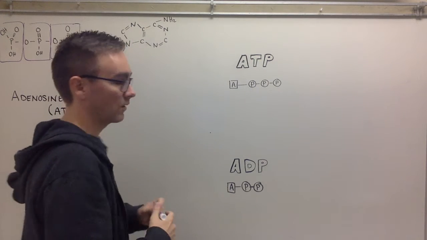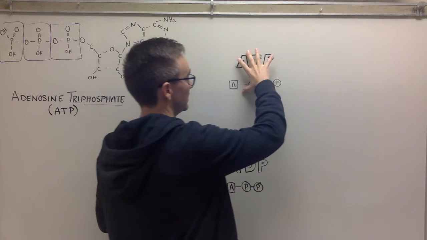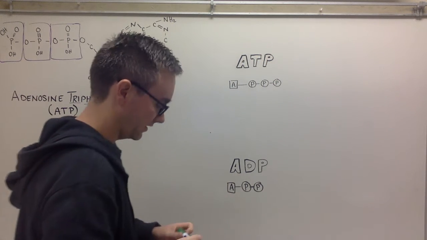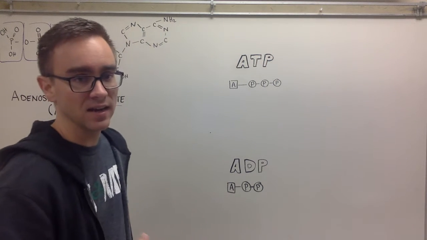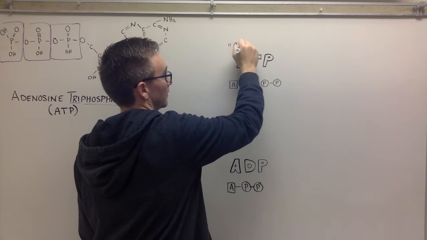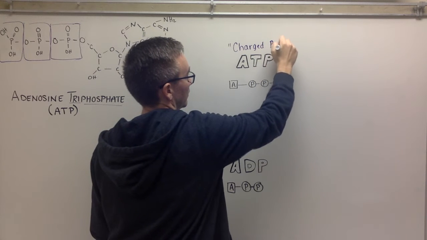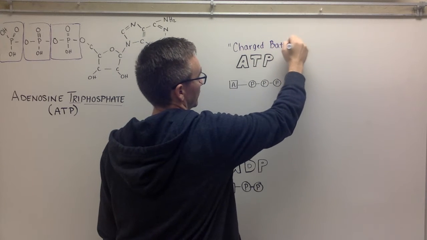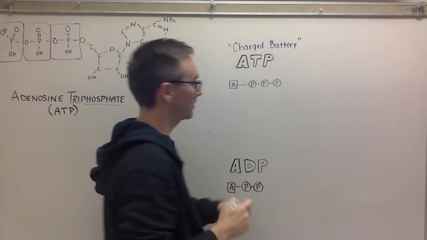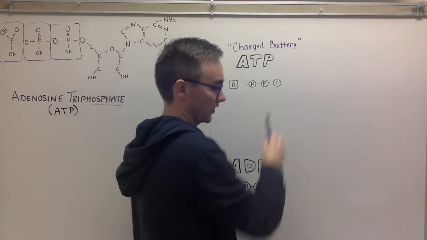And so it's what we call the ATP cycle. So we have an ATP. I like to think of this as a charged battery, and it's charged because it's got all three of its phosphates.